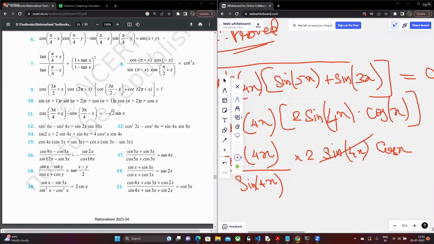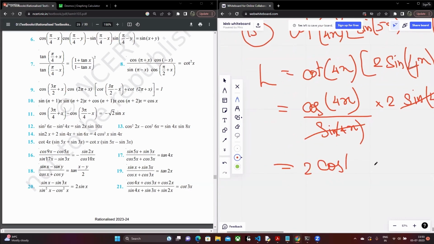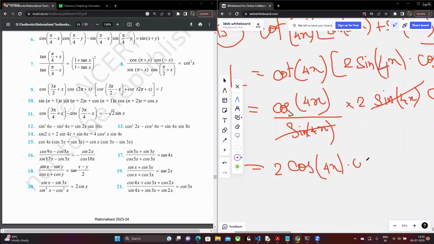Right? And this sine is going to get cancelled. This is equal to 2 cos 4x into cos x. Right?